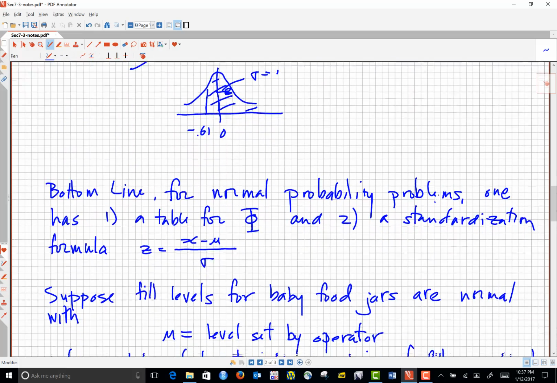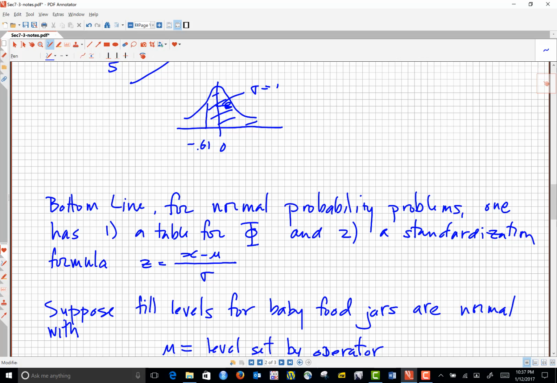Bottom line for these examples is that in normal probability problems, what you've got to work with amounts to a table for standard normal probabilities and this little standardization formula that says how to take values with a mean of mu and a standard deviation of sigma and turn them into values that I can look up using a standard normal table.